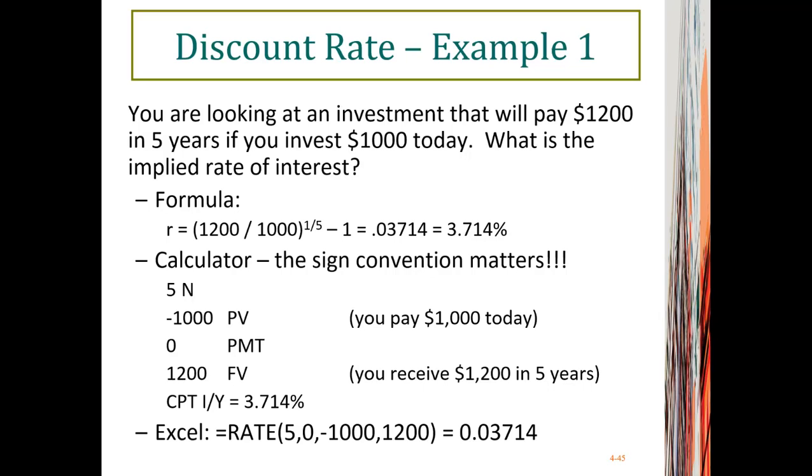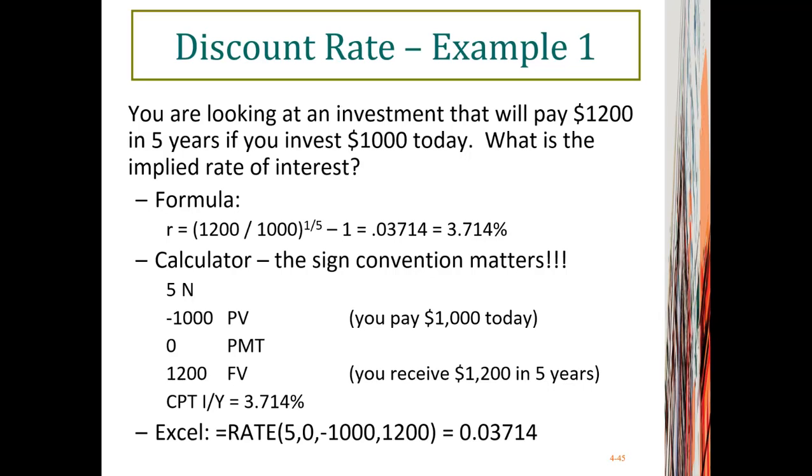So Error 5 on your calculator reminds you that you need to put a negative sign on one of those numbers, either on PV or FV. In this case, it's on PV because you invest $1,000. So when you enter negative 1,000 as PV, then you press CPT IY, you will get 3.714 on your calculator.